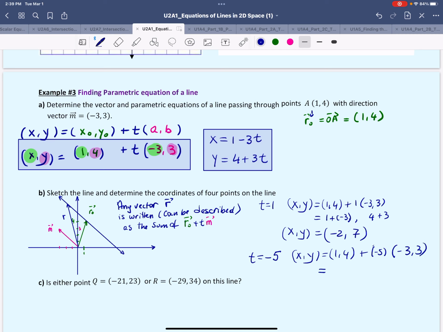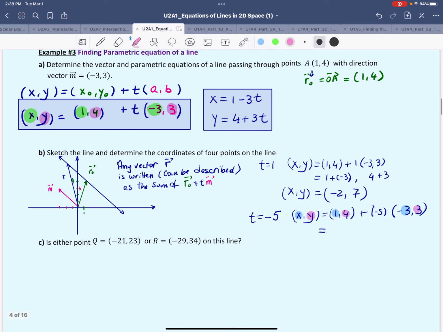For the x coordinate, we are working with the x values, and for the y coordinate, we're working with the y values of the starting vector and direction. So x equals 1 plus -5 times -3, and for the y value, we'll have 4 plus -5 times 3.